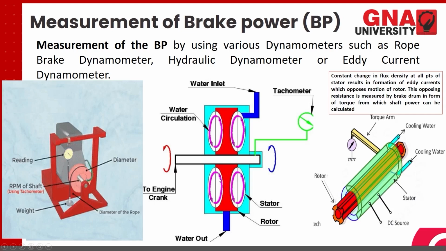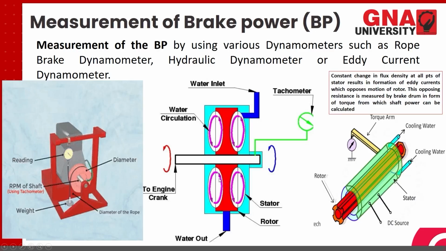Similarly here we are using a hydraulic dynamometer. In the hydraulic dynamometer, water is sent into these grooves. In this we have the red colored rotor which rotates along with the shaft, and the blue colored stator. In between the rotor and the stator there are grooves, and in these grooves the water flows.